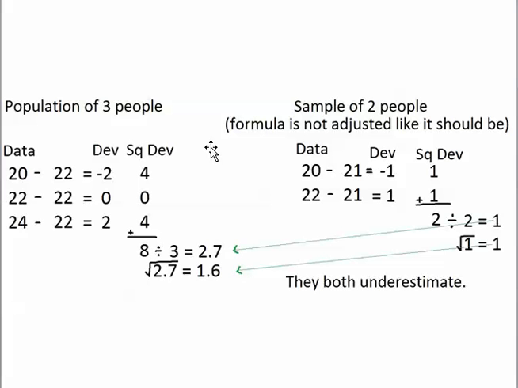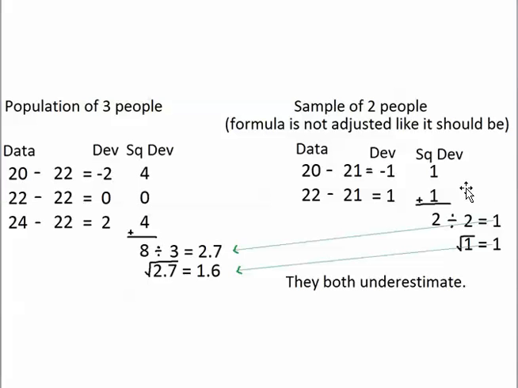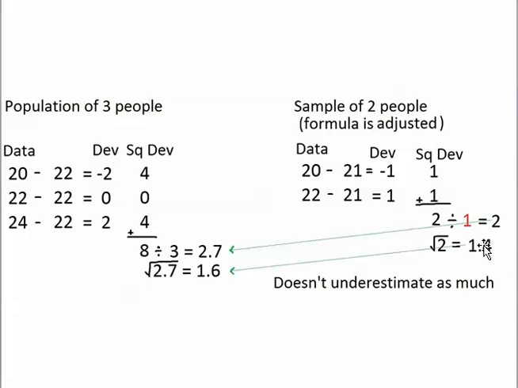And if we had used the adjustment, if we had dropped the 2 down to 1 like we should have, the sample values would have come out to bigger numbers, and they wouldn't have underestimated the population by as much. So this adjustment is bringing up these 2 numbers so that they come out closer to what the population values equal, and they estimate them more accurately.